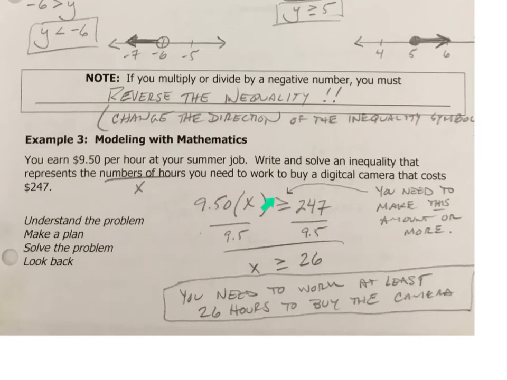But you also could make more than 247, so we want to create this inequality that would be 247 or more. Okay? So 9.50 for the hours times x, which is the number of hours, would be greater than or equal to 247. So if I divide by the 9.5, I'm going to get x is greater than or equal to 26. So you need to work at least 26 hours to buy the camera. Obviously, if you worked more, then you would be able to earn more.